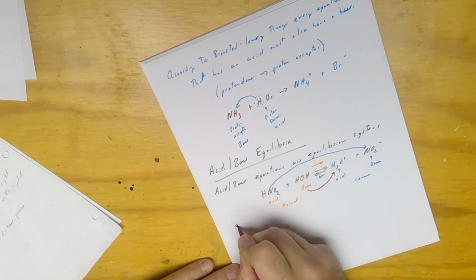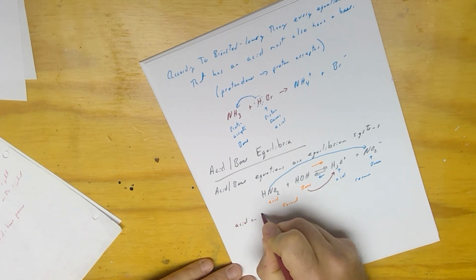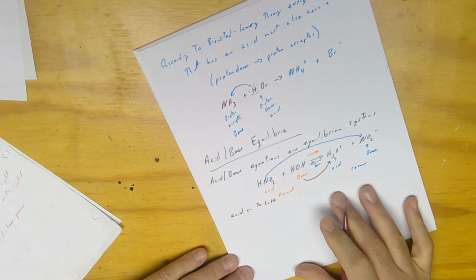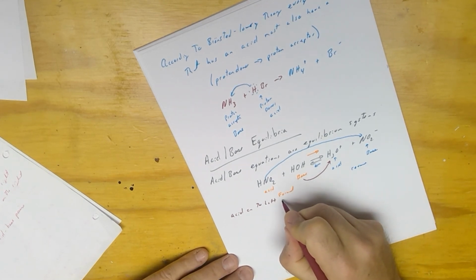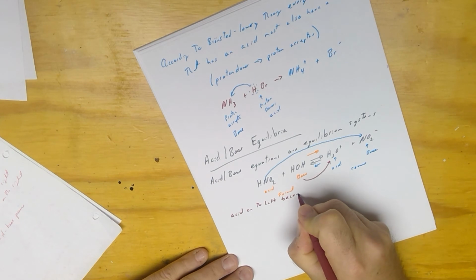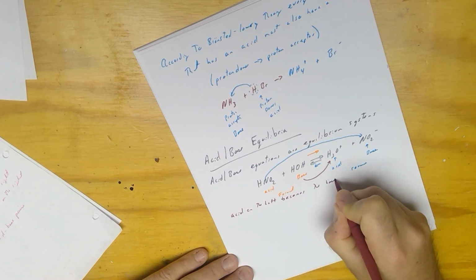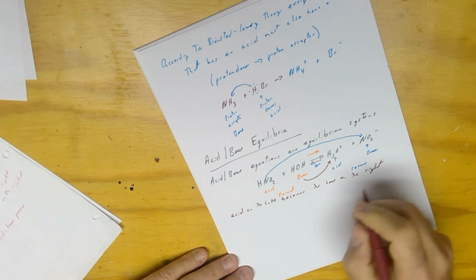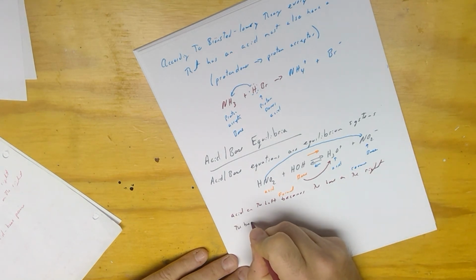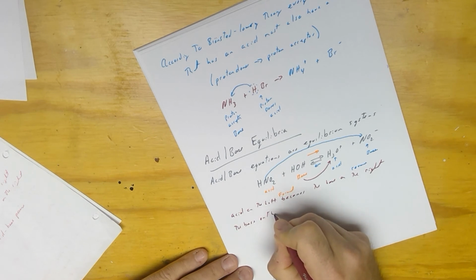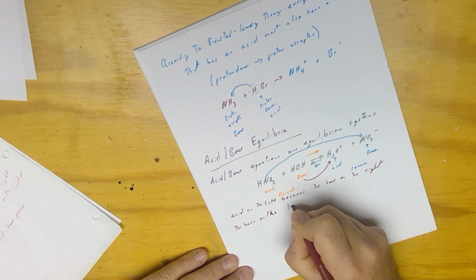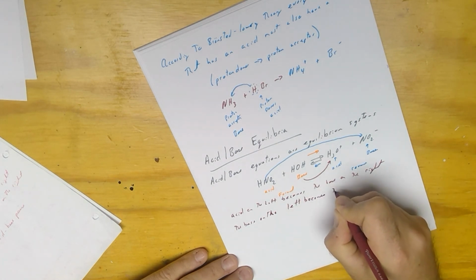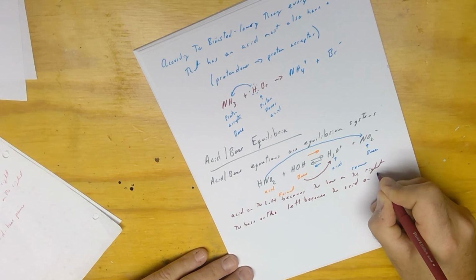So the acid on the left becomes the base on the right, and the base on the left becomes the acid on the right.